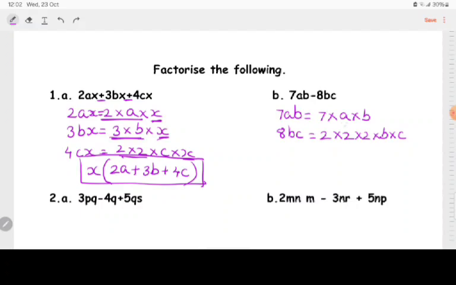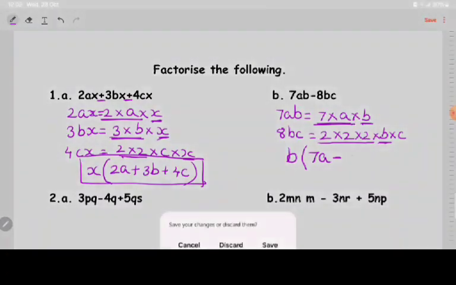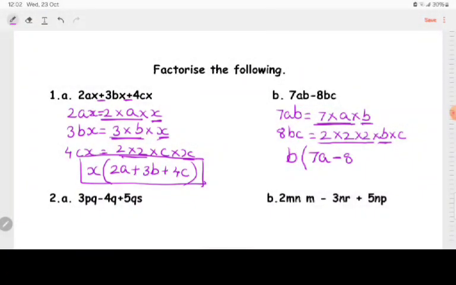Do I have A over here? No, I don't have A over here. Do I have B? Yes, I have a pair of B out here, which I will keep outside my bracket, and inside the bracket goes 7A minus 2 2s are 4, 4 2s are 8, 8C. B is common, so I have this 8C.